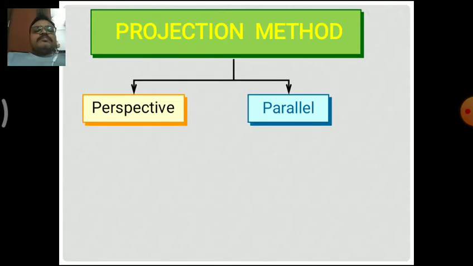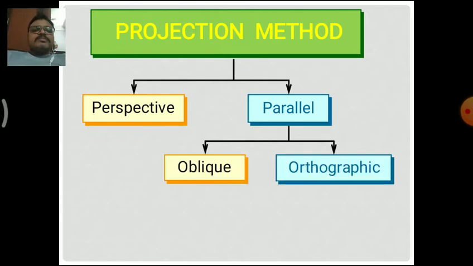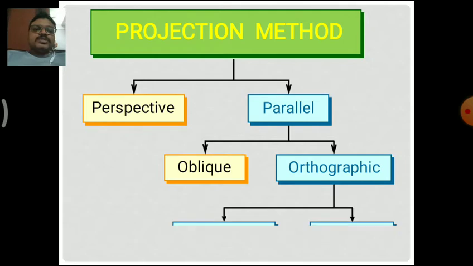What is the main classification of the projection method? The first one is the perspective method and the second one is the parallel method. In the parallel method there are mainly two types: the oblique projection and the orthographic projection.